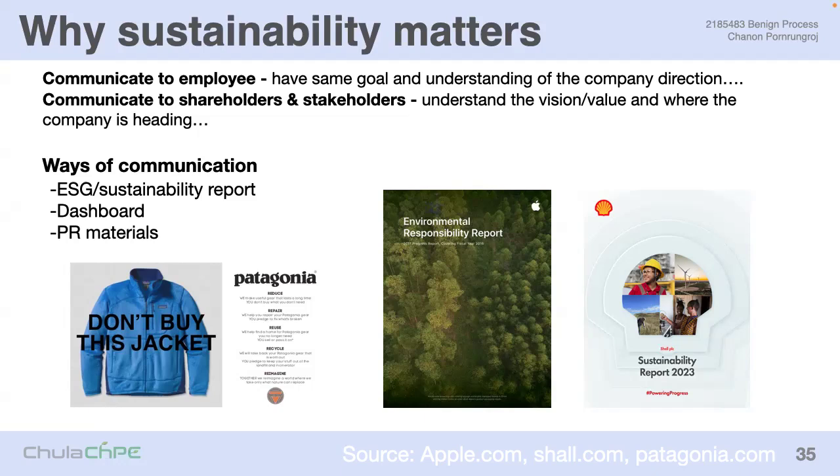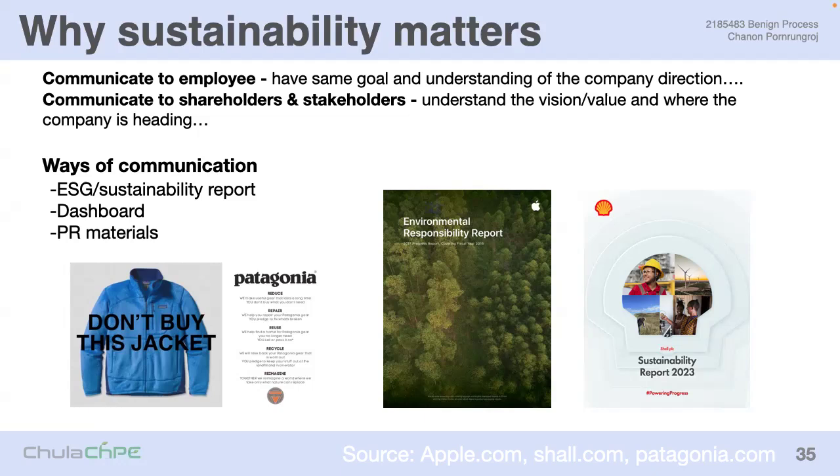So communication is very important, or communicating to the stakeholders and shareholders, right? People who are involved in our business. If we communicate that our company is sustainable, it helps to bring more investment and to bring more trust to the company.